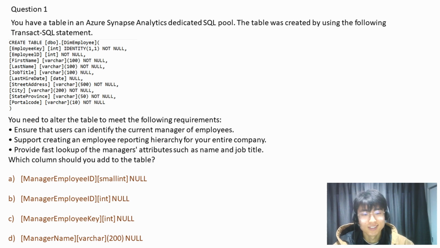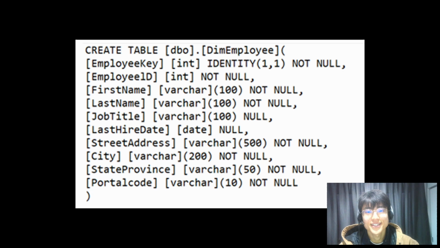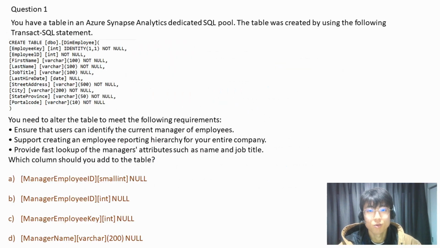Well, the question is so long I almost forgot the start of the question. So looking at the Transact-SQL statement here, we see that we're creating a dimension table for employee data. In order to meet the requirements, our basic idea is we can create some sort of key, and using the key we can join other dimension tables as necessary.